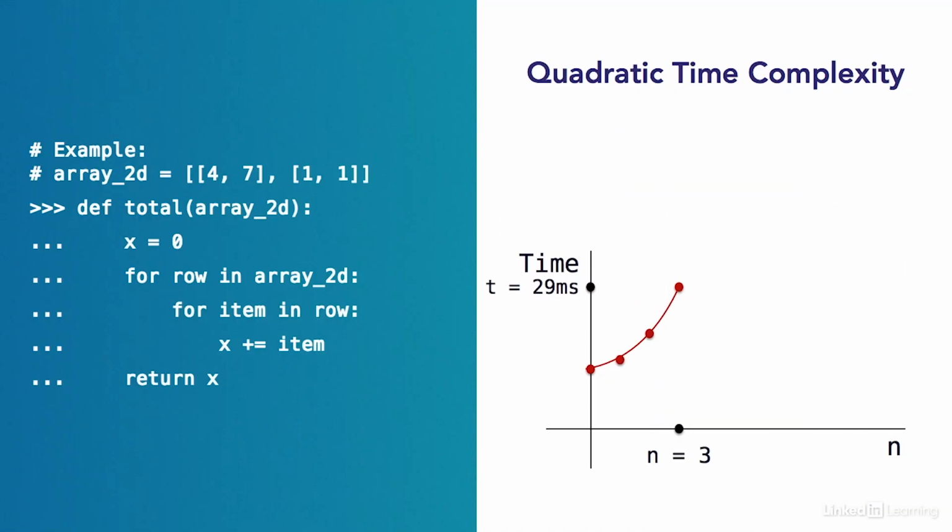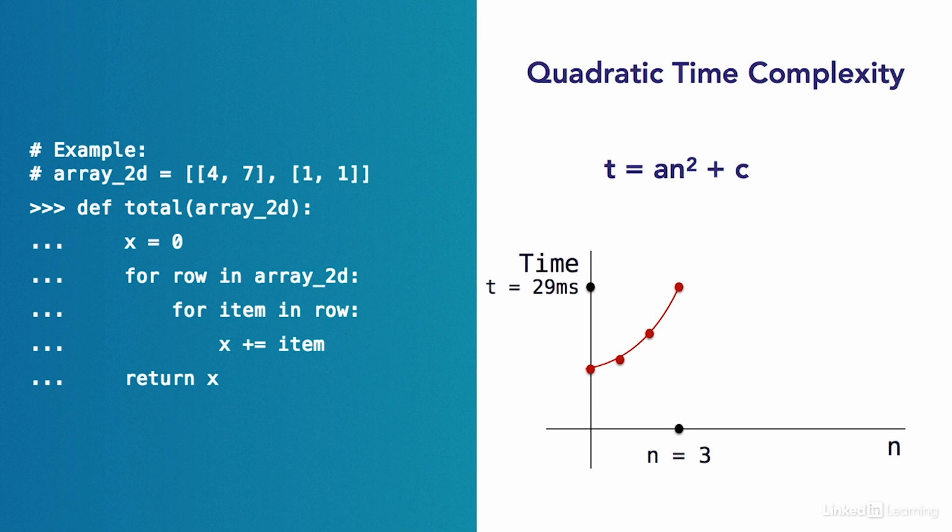How about this function that adds up all the elements in a two-dimensional array? Here n is the number of rows as well as the number of columns, and so the number of items in this array is n squared. The time it takes to run this function can be written as t equals an squared plus c, where a and c are constants.